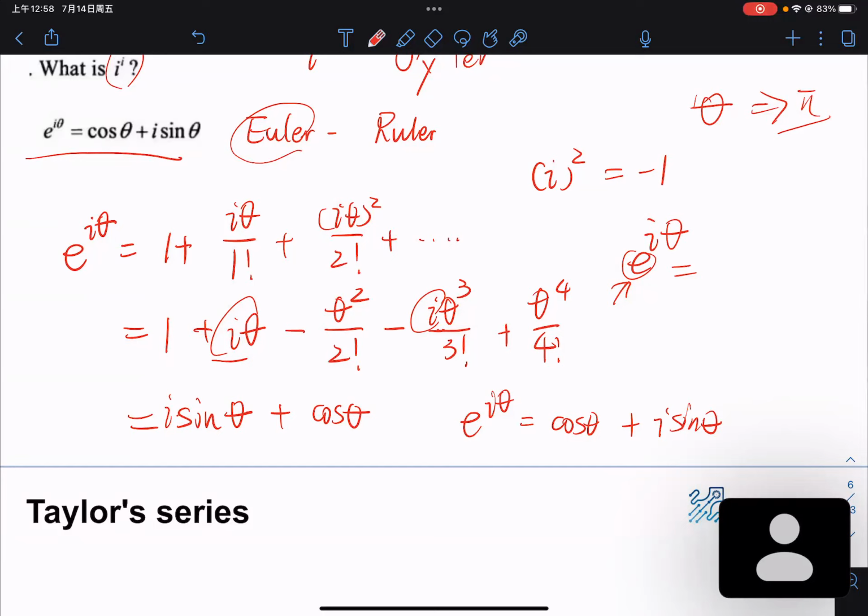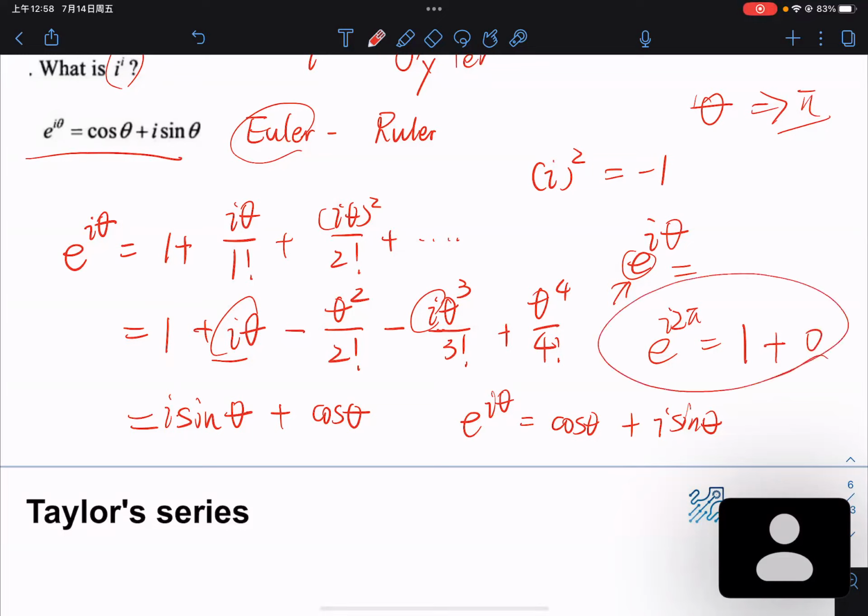And if we take theta as 2 pi, cosine 2 pi is going to be 1, and sine 2 pi is going to be 0, right?